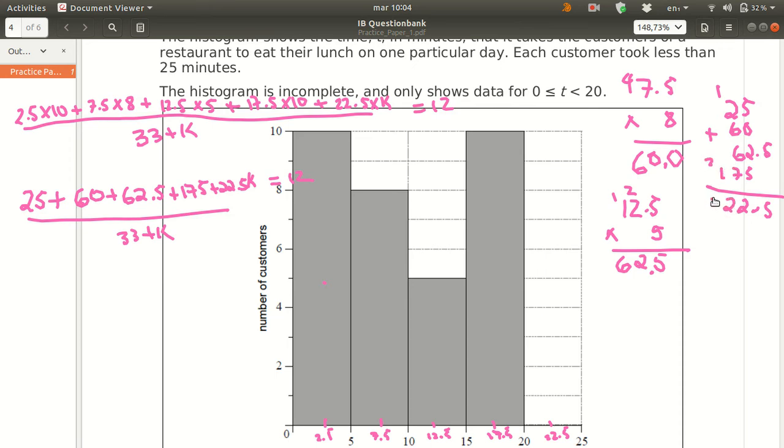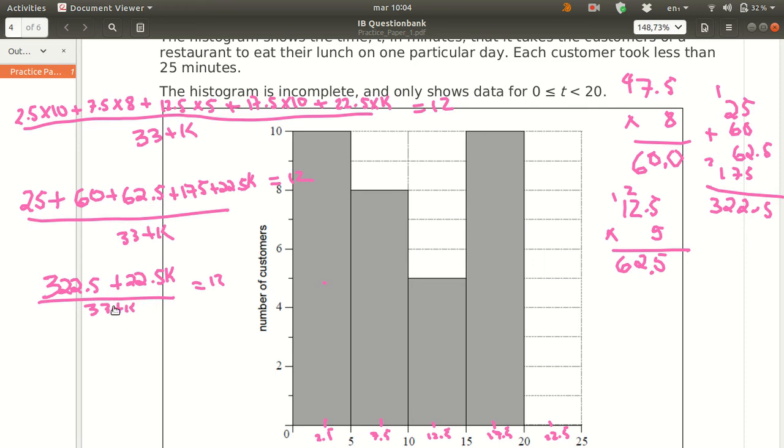And 2 plus 1 is 3. So 322.5. So this is 322.5 plus 22.5k over 33 plus k equals 12.